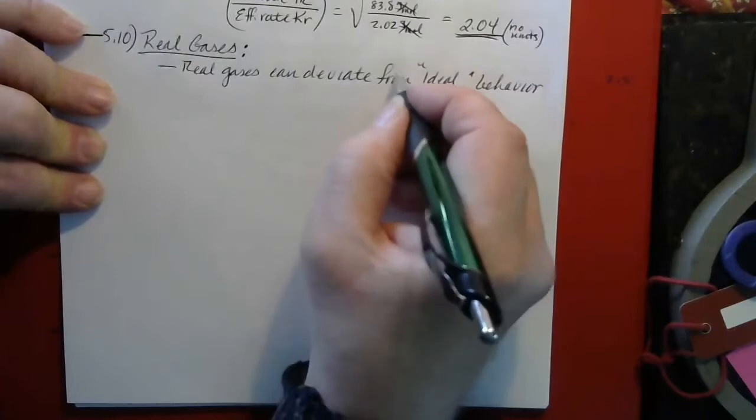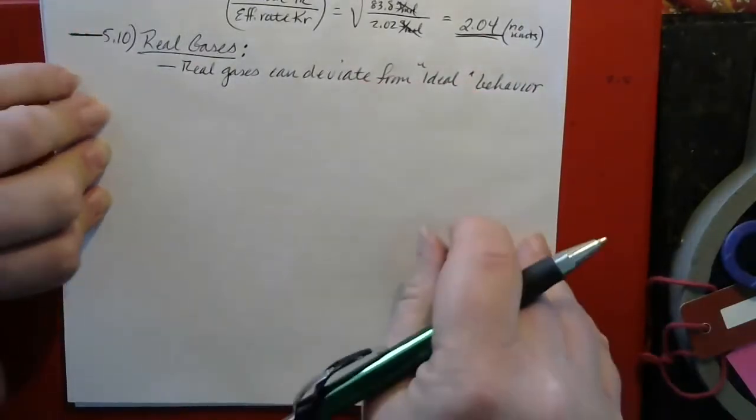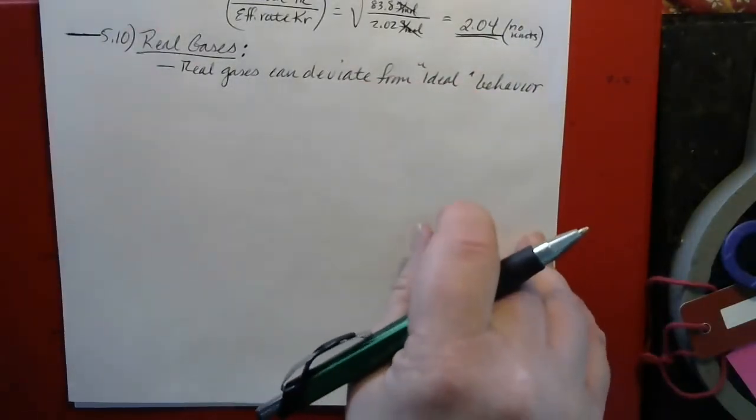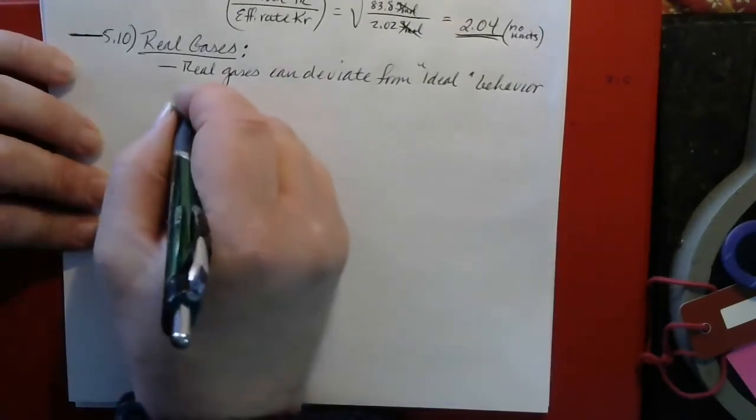And so, as I've mentioned, under certain circumstances, real gases can deviate from ideal behavior.